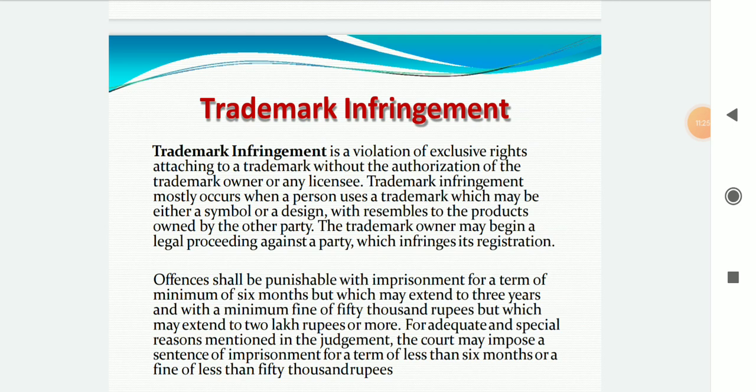Offences shall be punishable with imprisonment for a term of a minimum of 6 months, which may be extended to 3 years. For adequate and special reasons mentioned in the judgment, the court may impose a sentence of imprisonment for a term of less than 6 months or a fine of less than 50,000 rupees.